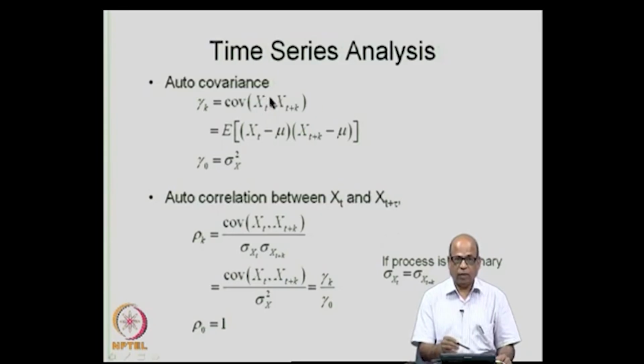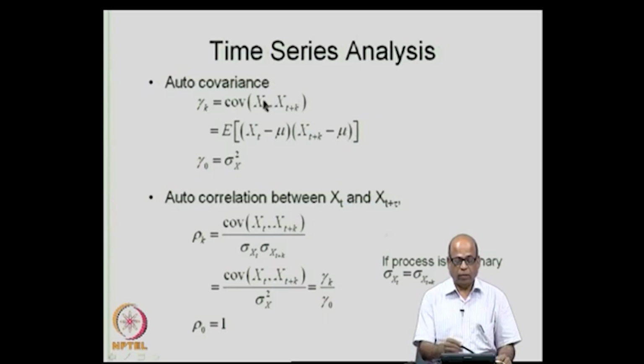X t is a different random variable and x t plus k is a different random variable. So, we define the covariance between x t and x t plus k as the expected value of (x t minus mu) times (x t plus k minus mu). Recall that the covariance of x comma y was the expected value of (x minus mu x) into (y minus mu y).